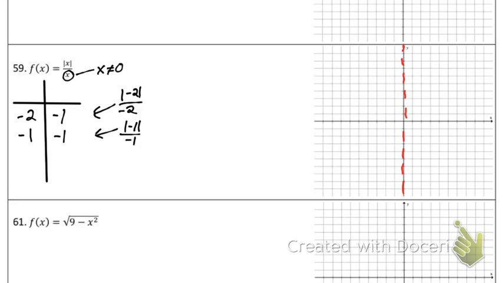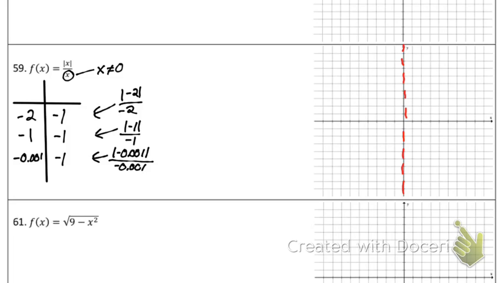That's going to turn into a -1. In fact, if I throw in a -0.001, I'm going to once again have absolute value of -0.001 over -0.001, which is going to be -1 again. Any negative value I plug in, I'm going to get a -1 out.